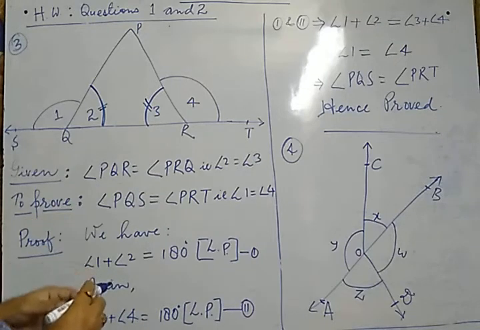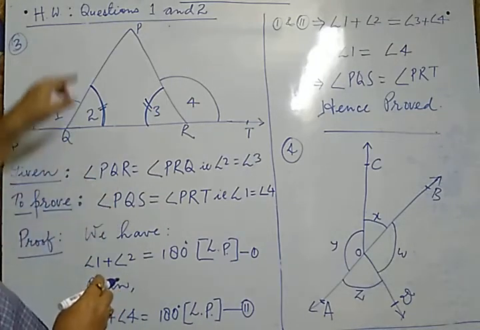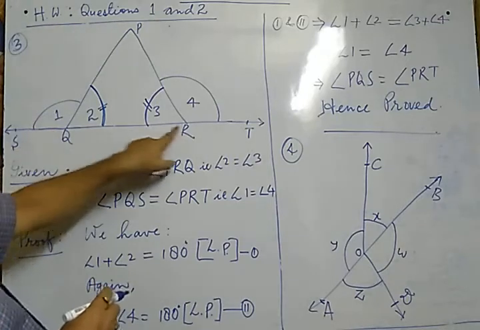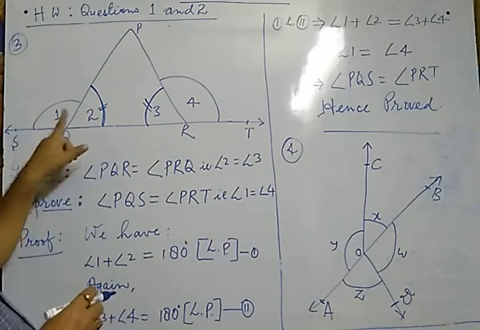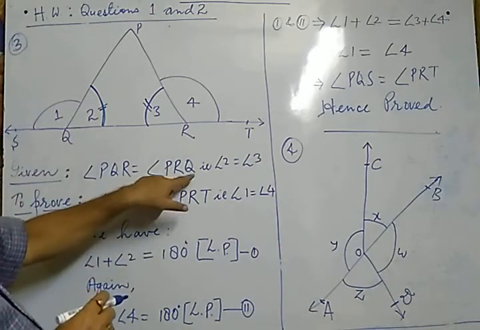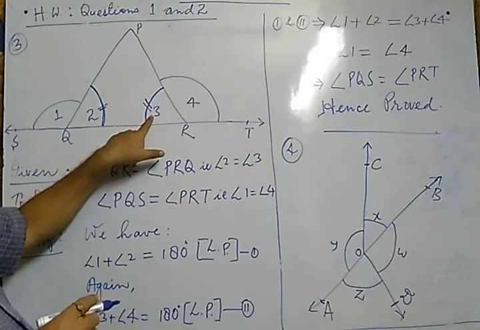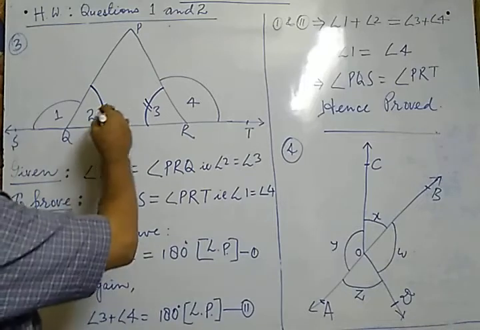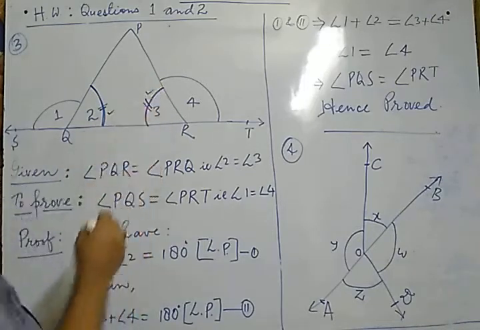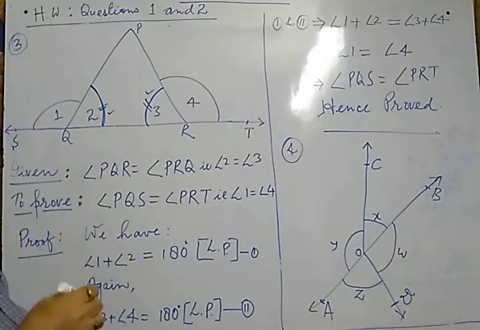Since it is given that angle PQR, which we are calling angle 2, is equal to angle PRQ, which we are calling angle 3, this angle equals this angle. It is given as the condition.